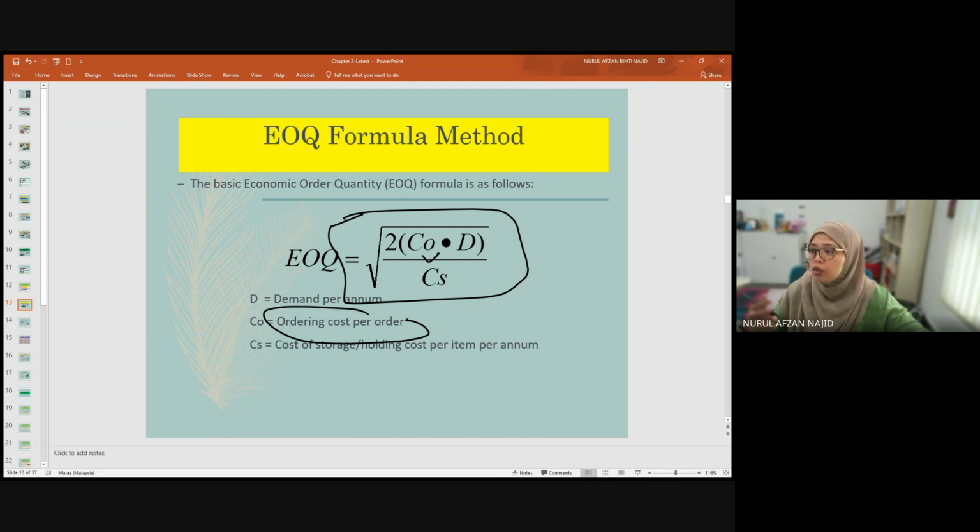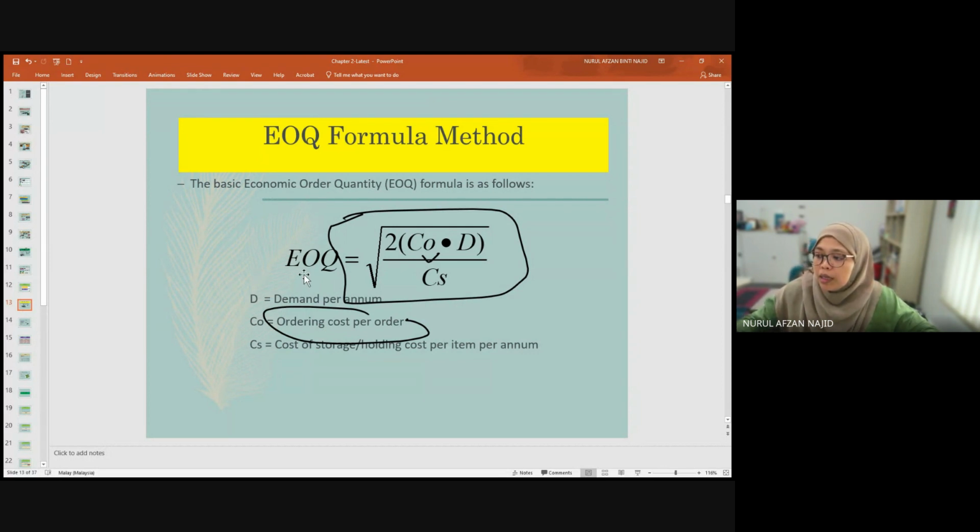Dia tak boleh main terus masuk, nanti you akan salah. Sebab dalam costing, once you salah first step, dia akan affect the next step. So kalau you salah step yang pertama, step kedua, ketiga, keempat will be wrong. So kosong lah. So itu risiko costing. Alright? Okay?